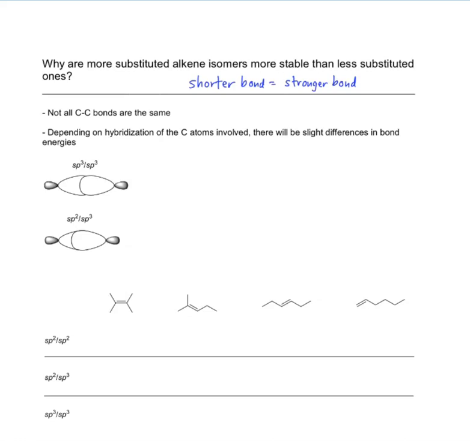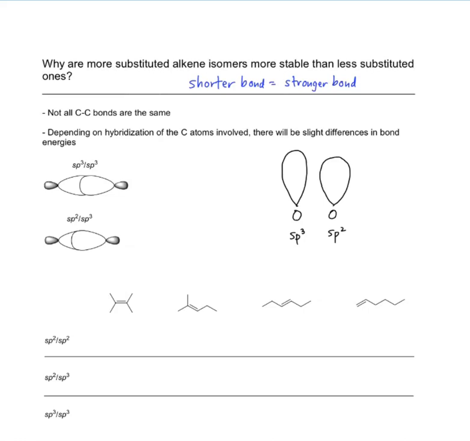So let's remember the difference between an sp3 orbital and an sp2 orbital. The sp3 orbital is more elongated.